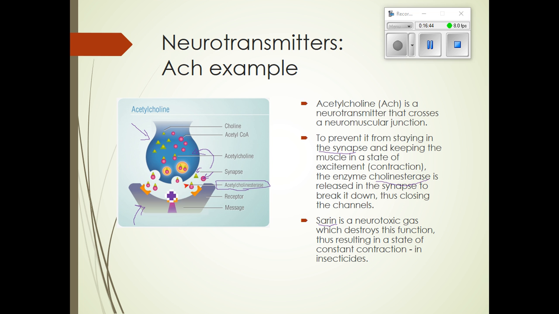That causes acetylcholine to stay in the synapse, continuously binding to receptors, causing a constant state of contraction. This is toxic because if neurons continually cause muscles to contract, bad things are going to happen. This particular neurotoxic substance is the basis for a lot of insecticides.